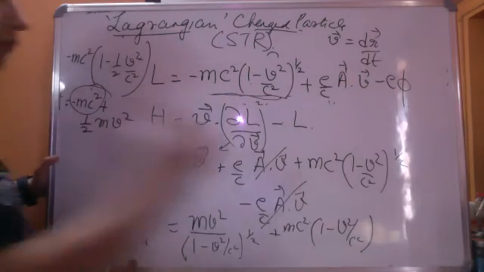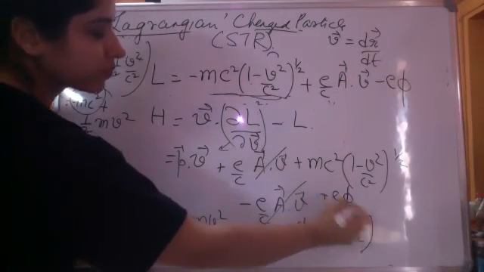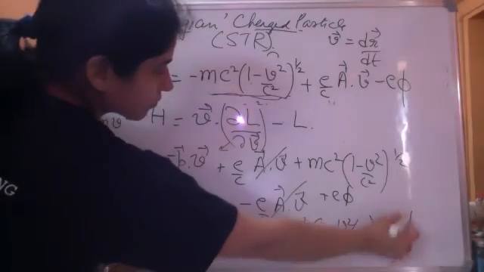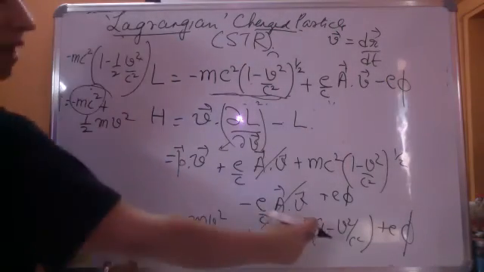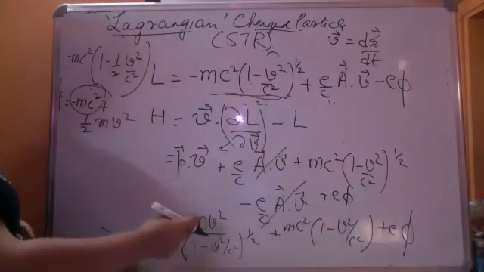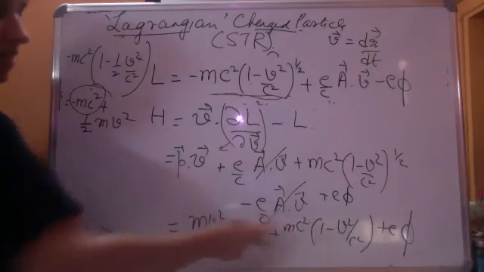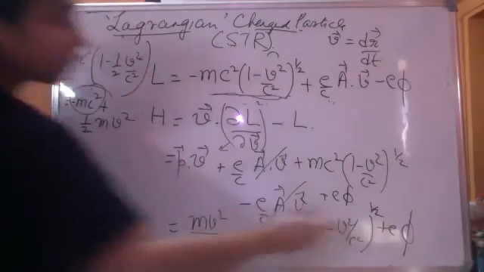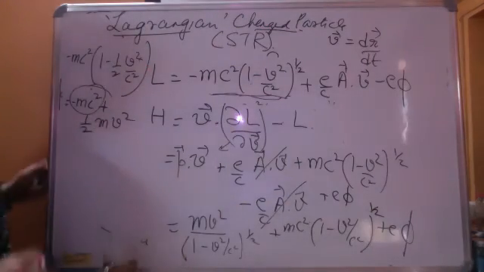Have I missed something? Oh, there's a term here. I can combine these two terms: mv², multiply this, there's a half here, multiply this and take an LCM.